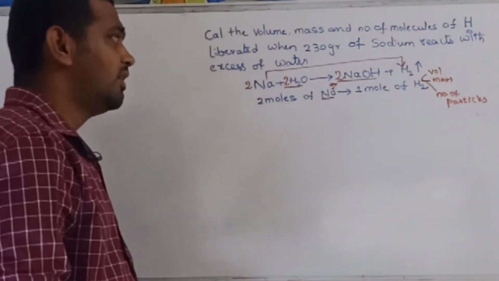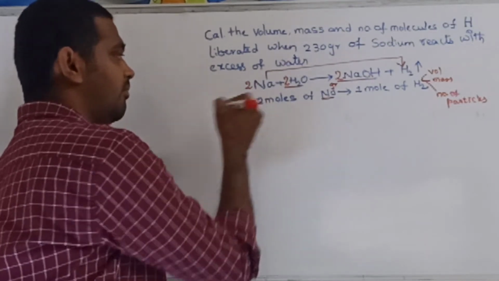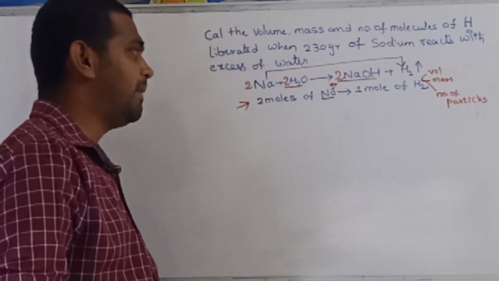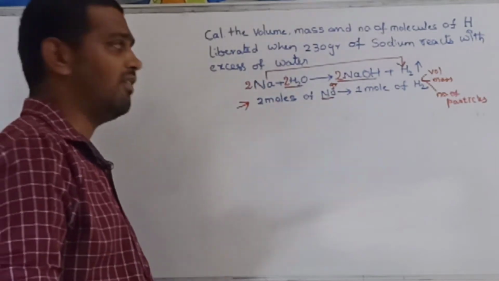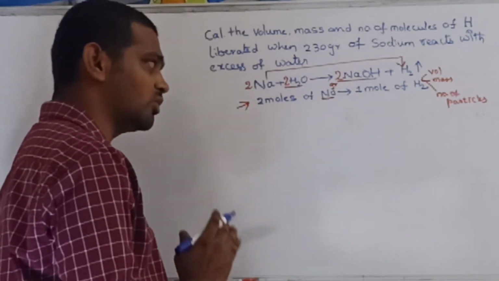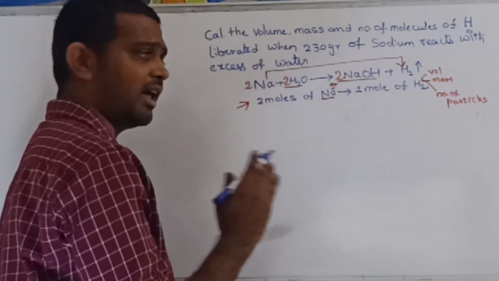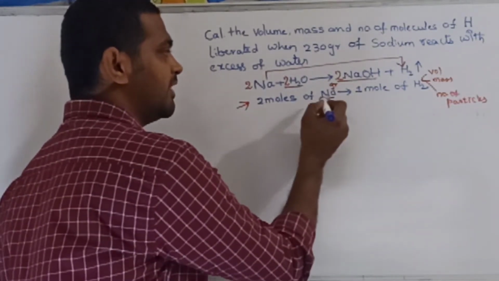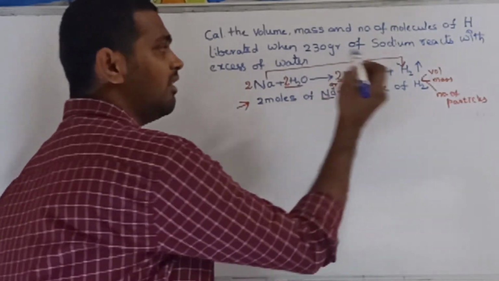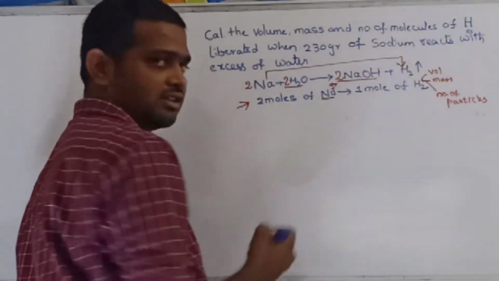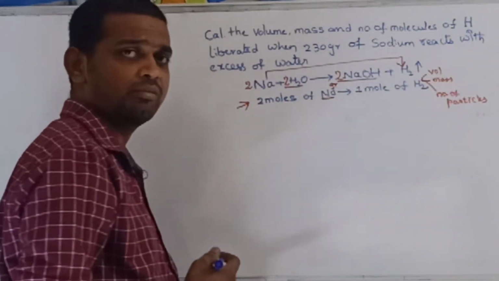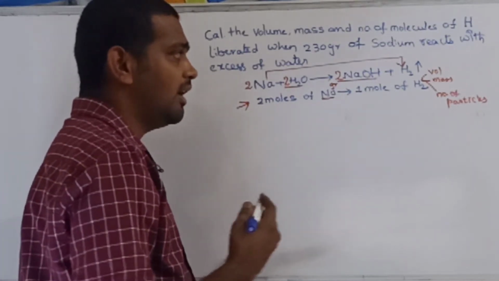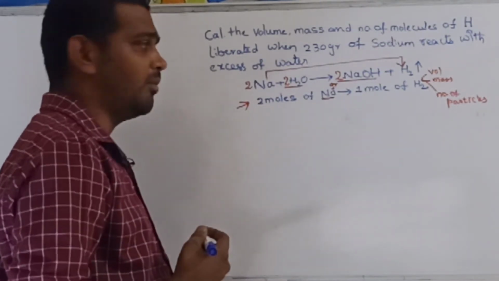Clear? So this is the main step which we wrote from the balanced chemical equation. Now I will establish the relationship between sodium and hydrogen. In that relationship, I will express sodium in terms of grams and hydrogen in terms of liters. By means of that, I will calculate the number of liters produced during the chemical reaction.